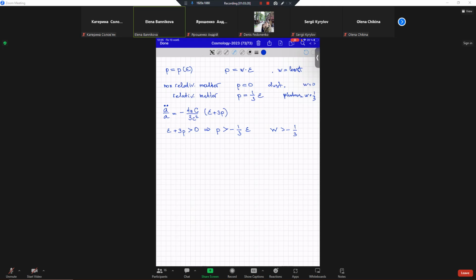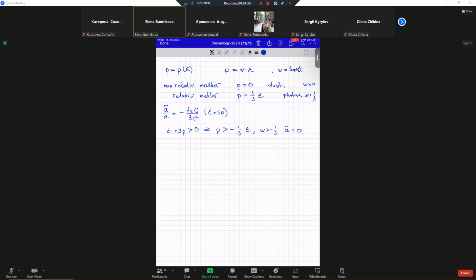What we will have in this case is that a double dot is negative. So in this case, the Friedmann-Lemaitre equation tells us that the universe will expand with deceleration.